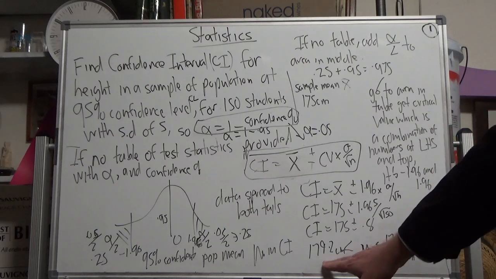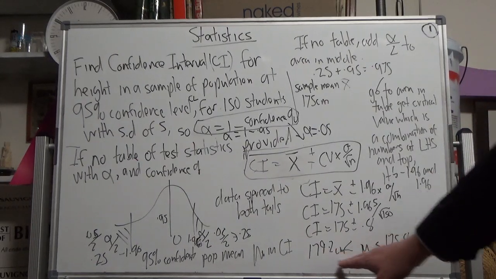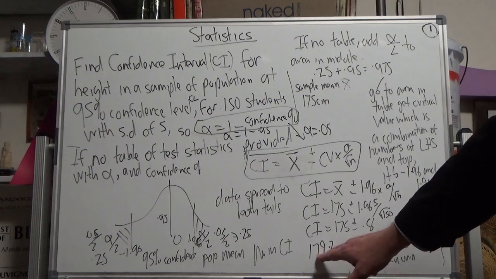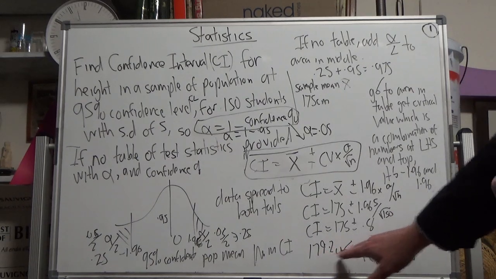Here's an example of a range, with mu given by the population mean. That's a Greek letter mu; it looks like a back to front U. The population mean falls within that range.